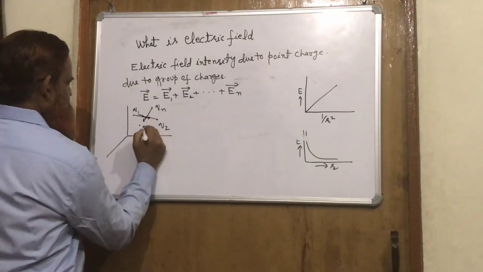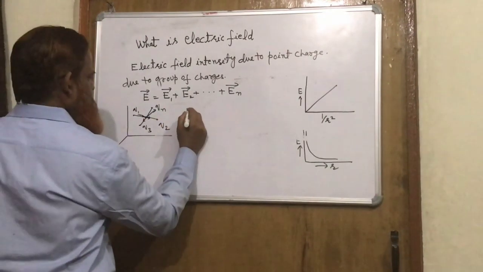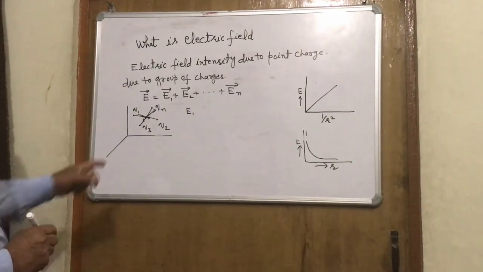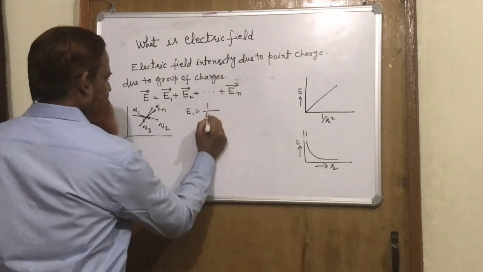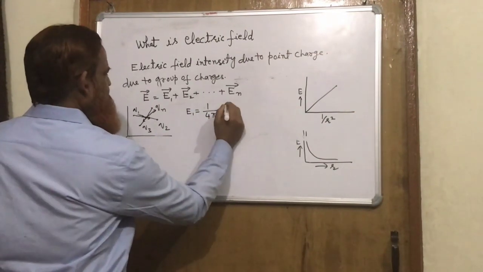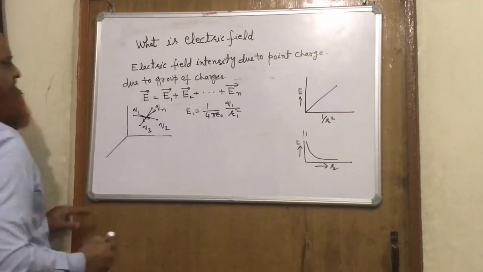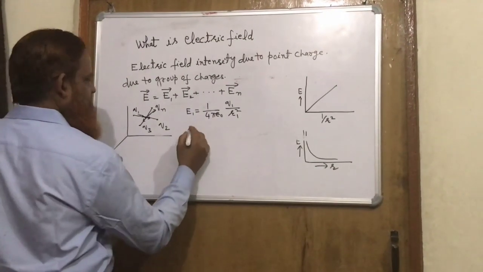If the distance of the unit charge from Q1 is R1, then E1 is 1 upon 4 pi epsilon naught Q1 by R1 square, and the direction is away from Q1.